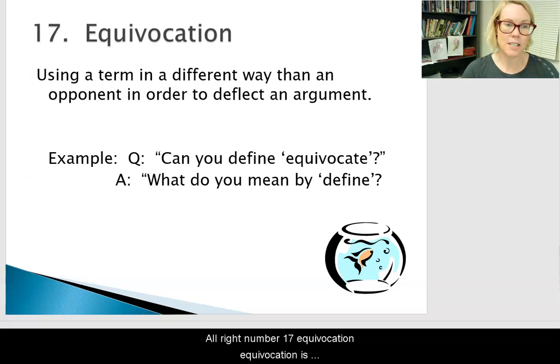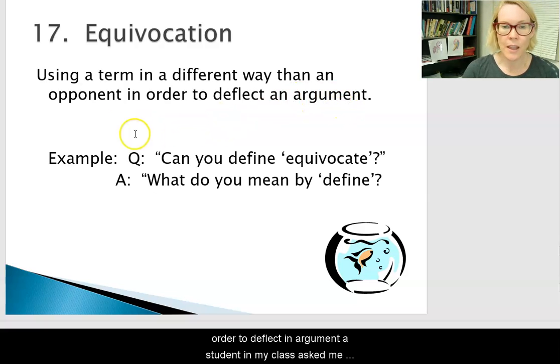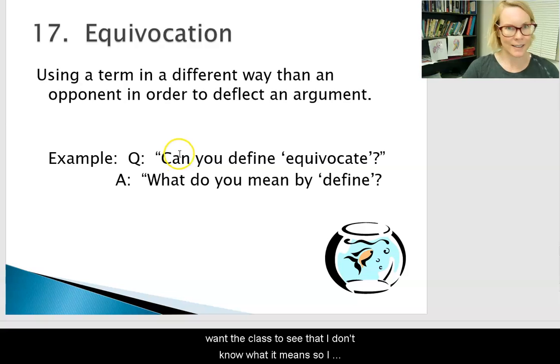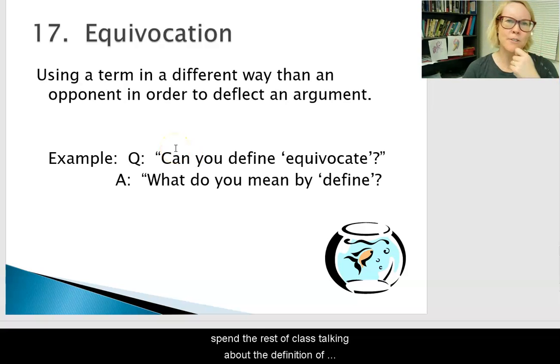All right, number 17, equivocation. Equivocation is using a term in a different way than an opponent in order to deflect an argument. So I like this example. Imagine a student in my class asks me, Professor Kramer, can you define equivocate? And let's say I just don't know what it means, right? But I don't want the class to see that I don't know what it means. So I might say, now what do you mean by define?